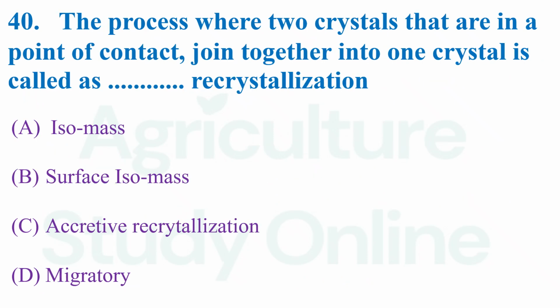Next question 40. The process where two crystals that are in the point of contact join together into one crystal is called as dash recrystallization. So the two crystals in contact join together to form one crystal. So this phenomenon is accretive recrystallization. Accretive means growth by joining.